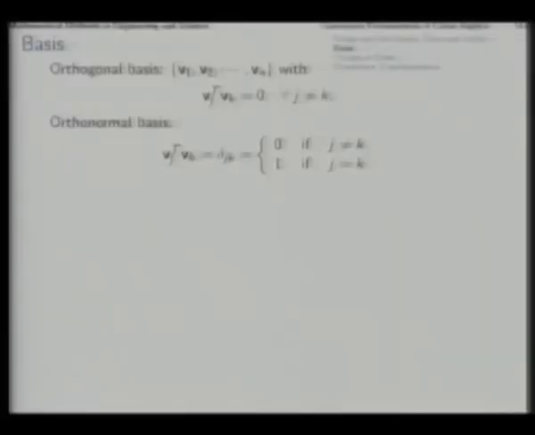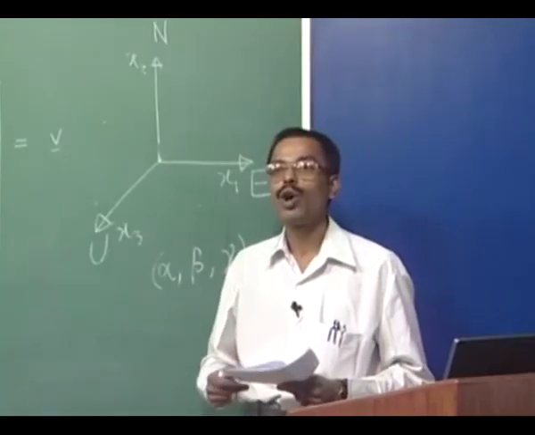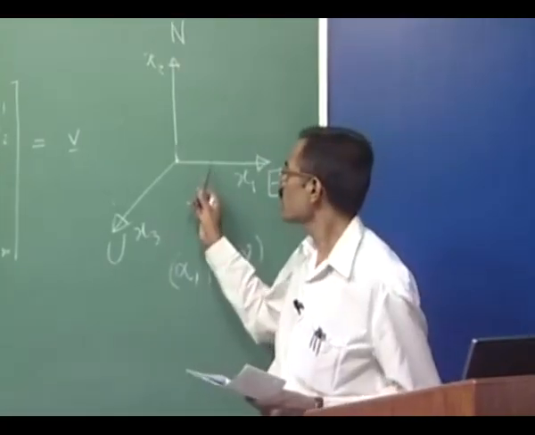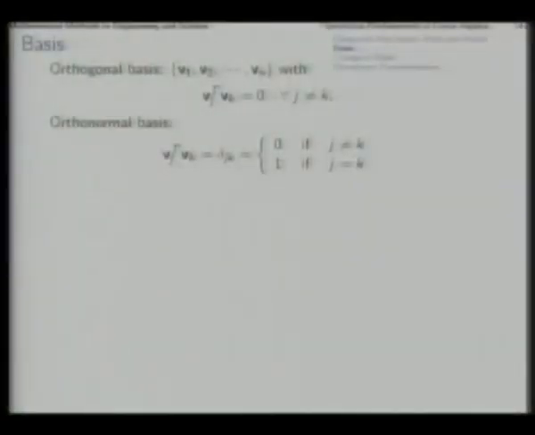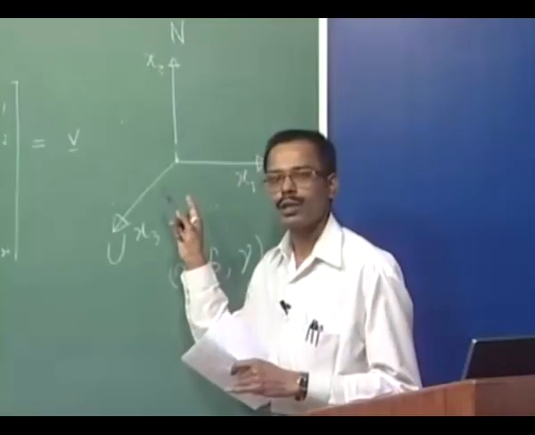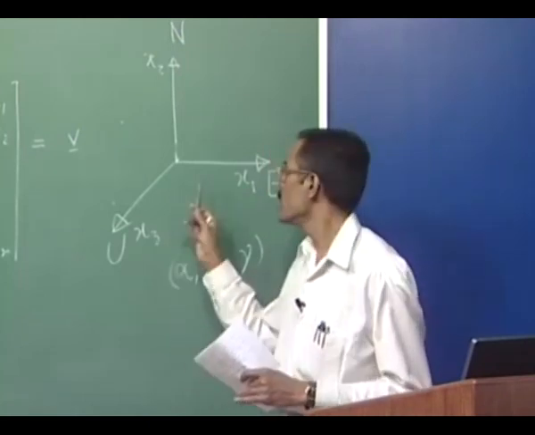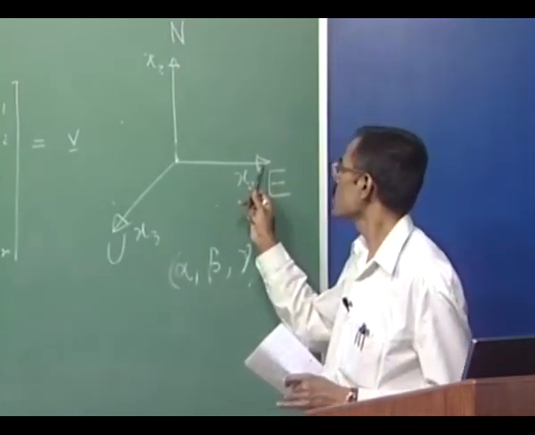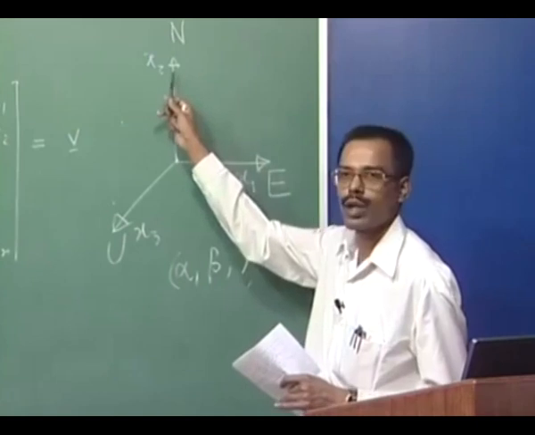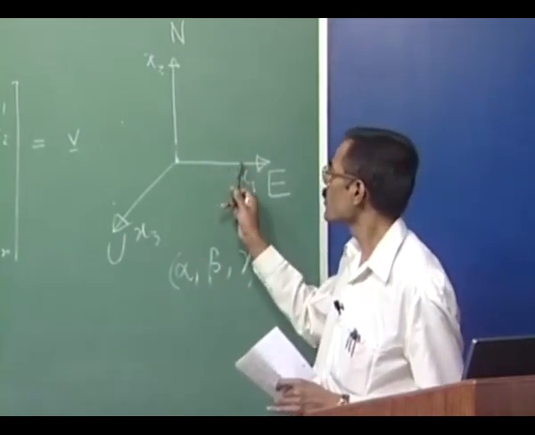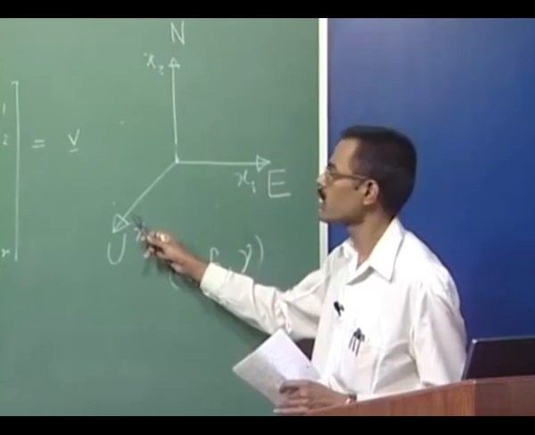Sometimes we talk of a particular kind of basis which is called an orthogonal basis, in which these vectors are perpendicular to each other. In this particular situation, we have actually taken the example of a basis which happens to be orthogonal, because between the directions east and north there is a right angle, and between east and up also there is a right angle, and so on.